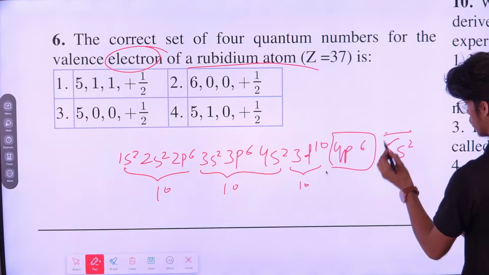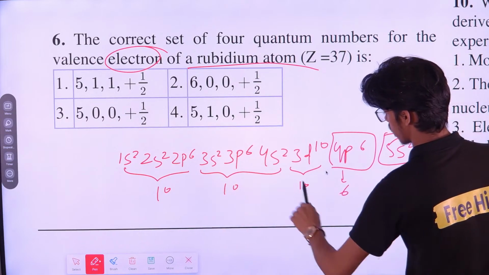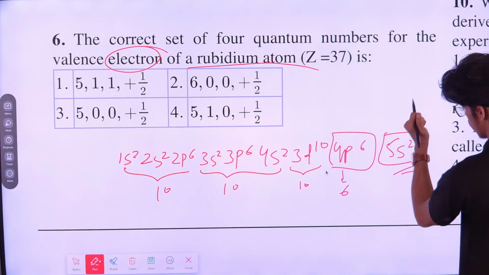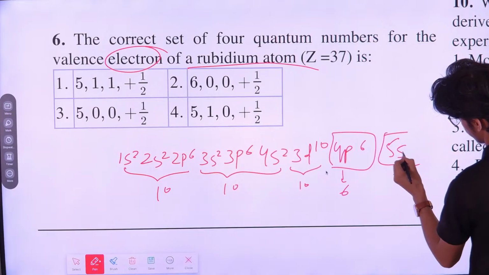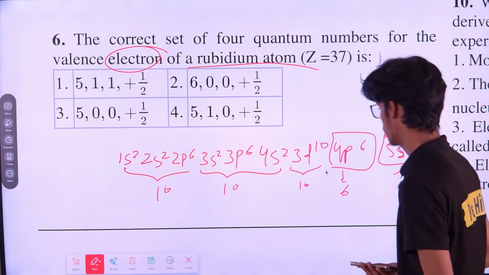It is 6, 10, 10, 10, 30, 6 is 36, we want 37. So for 37, only the last electron, this valence electron will be in 5s1. So the valence electron is in 5s1.